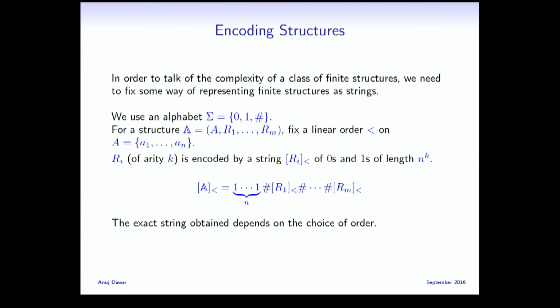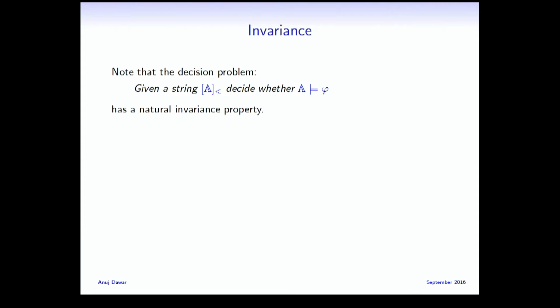One point to highlight is that I define this string encoding of the structure A with respect to a particular order I chose on the elements. A different choice of order will give me a different string, possibly. Right? So it's worth pointing out that now we're thinking of a classical decision problem on strings.